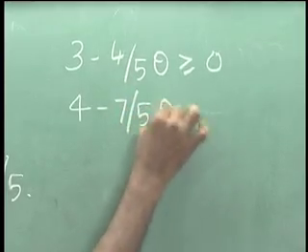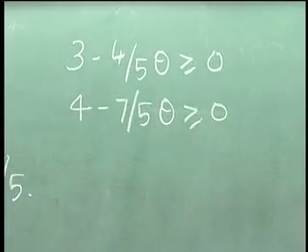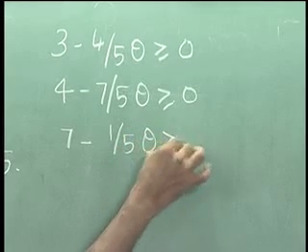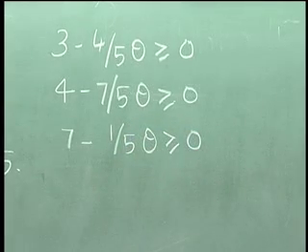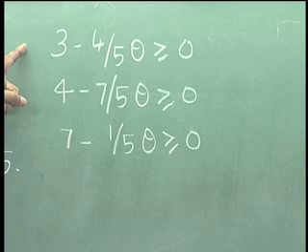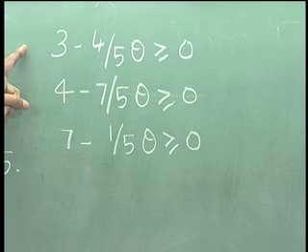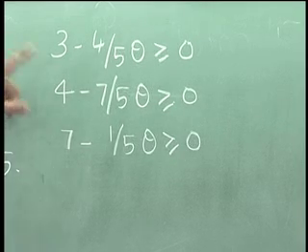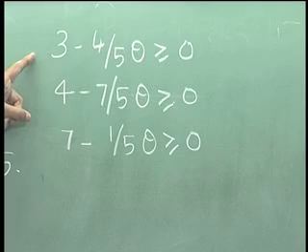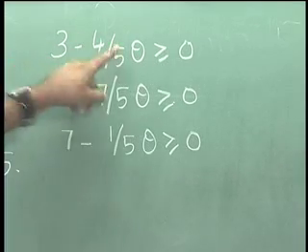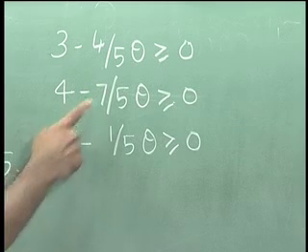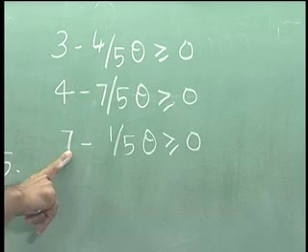And 7 minus 1 by phi theta is greater than or equal to 0. So, this will give us theta equal to 15 by 4, this would give us theta is equal to 20 by 7, and this would give us theta is equal to 35.